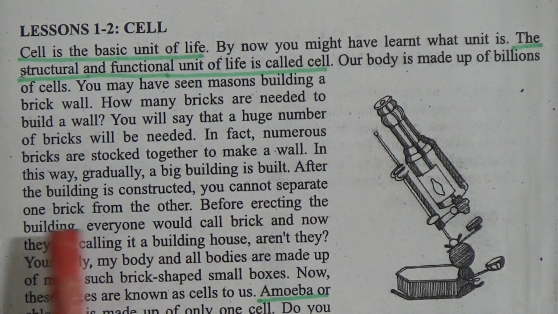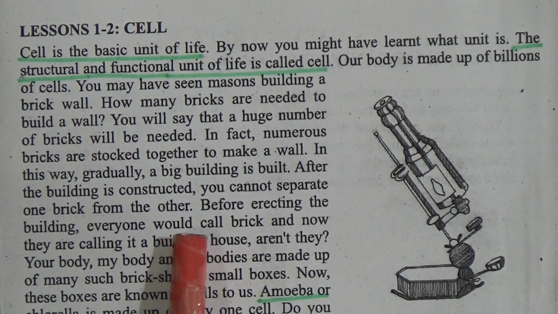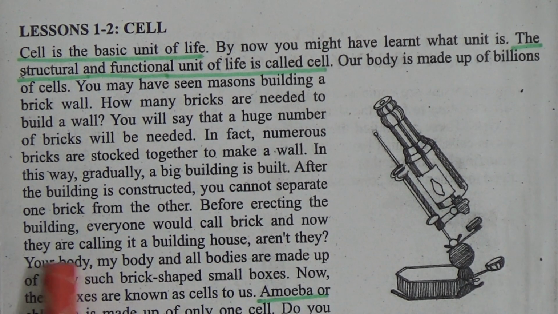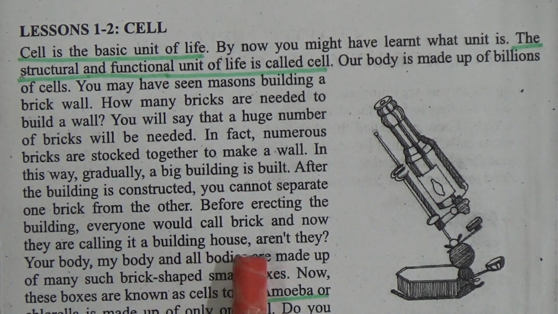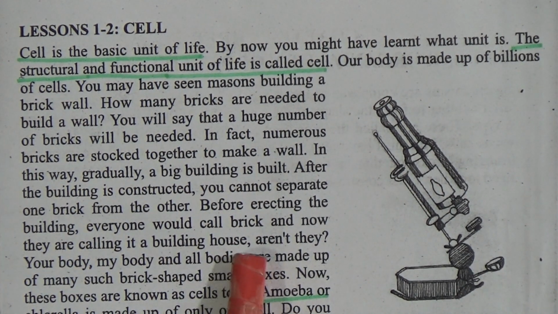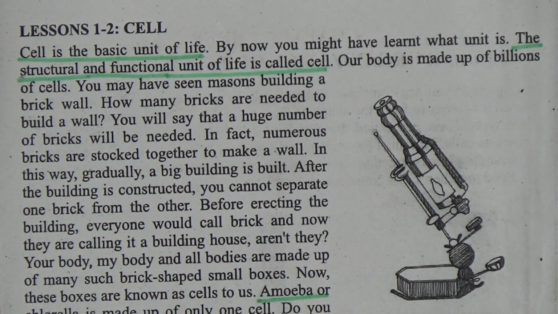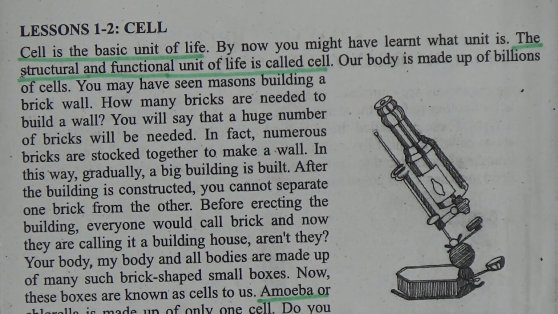Before erecting the building, everyone would call it brick, and now they are calling it a building, a house. Are they not? At first, we see that lots of bricks are stored in one place, then they make a wall, and after a few days when all the walls are completed, it will be a brick building. So the human body is like that.